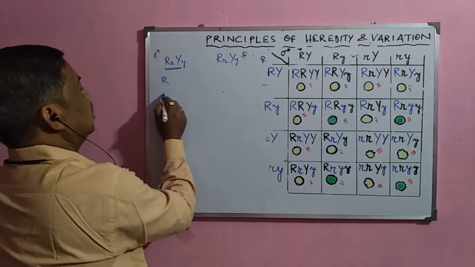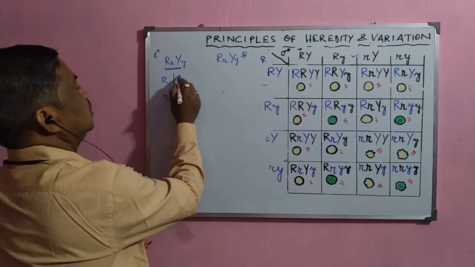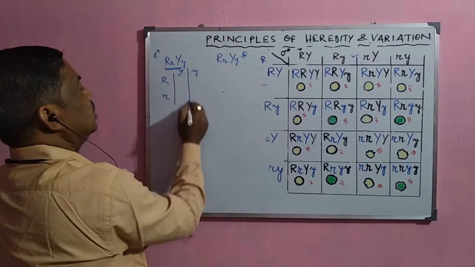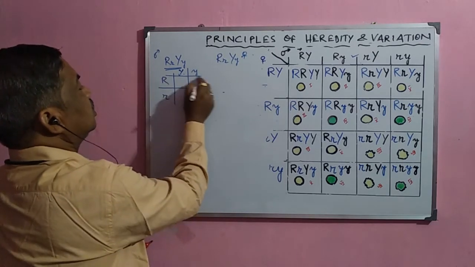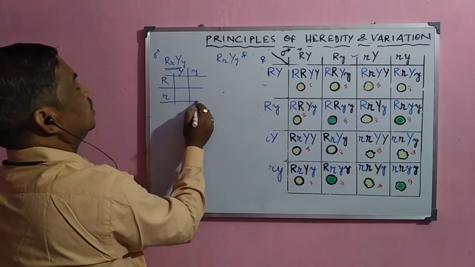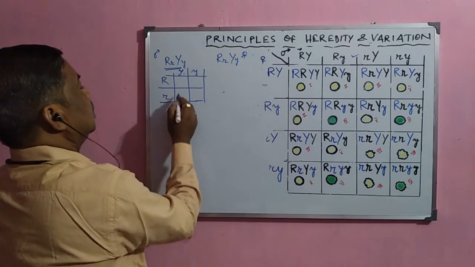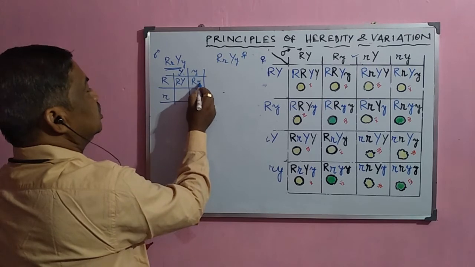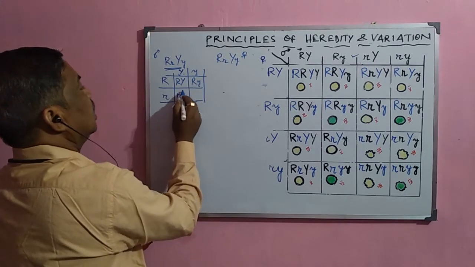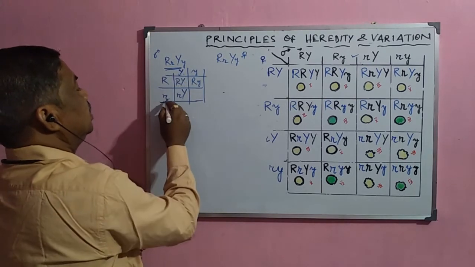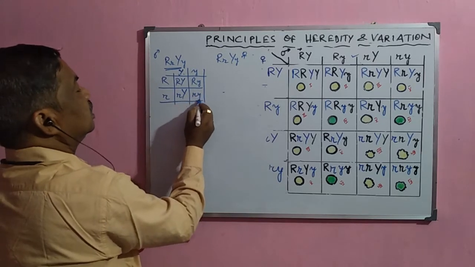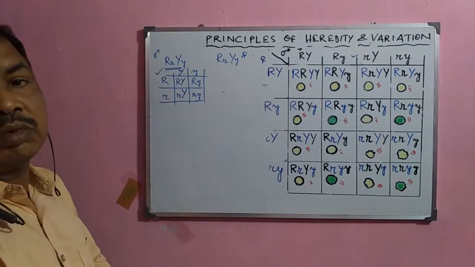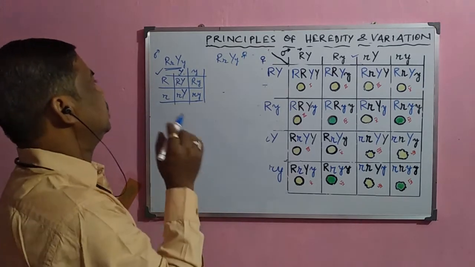Suppose it is R, Y and Y. Then there are 4 types of gamete you will observe here: RY type gamete, then capital R small y, small r capital Y, and small r small y type. So 4 types of male gametes were formed here for the F2 generation.